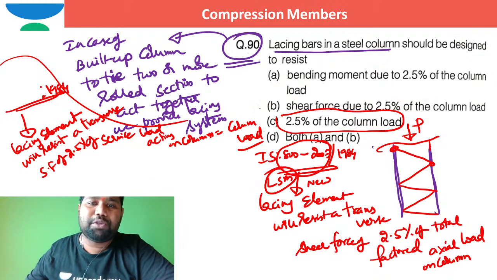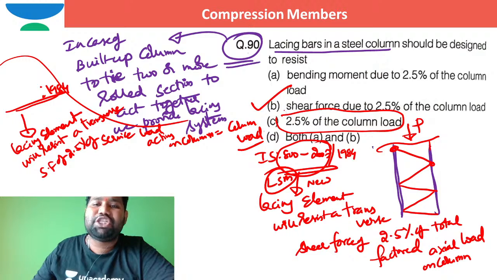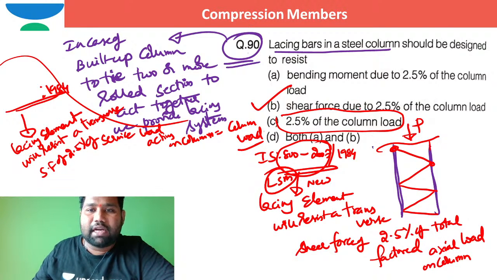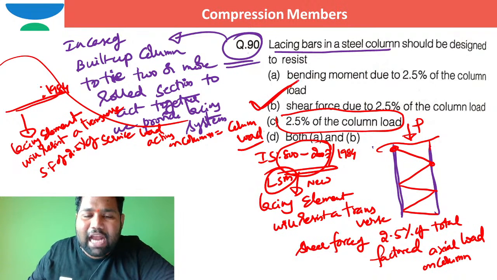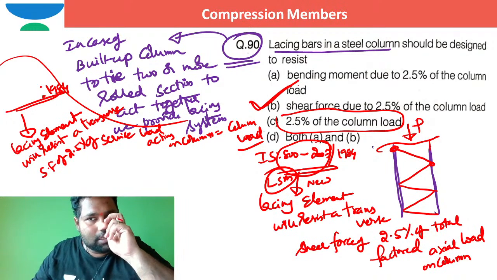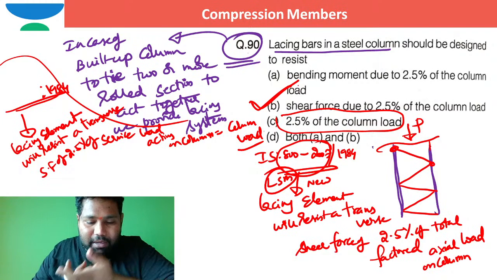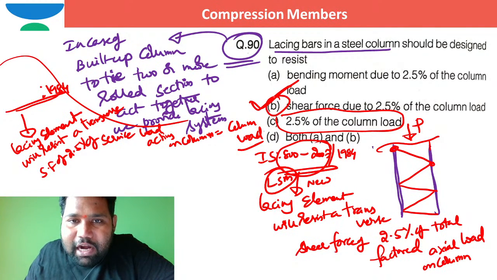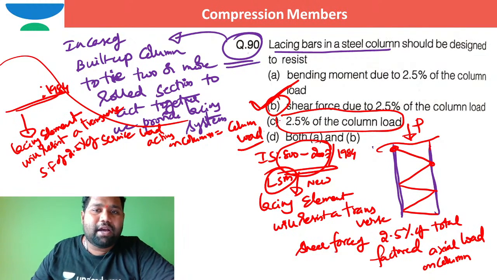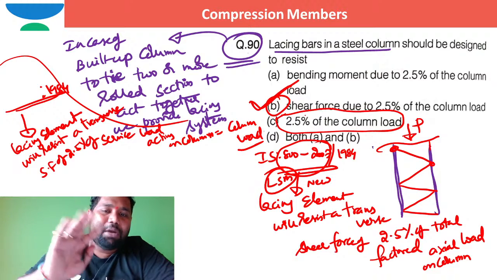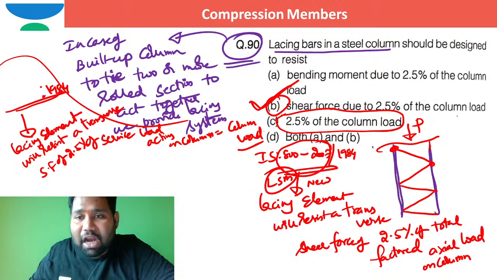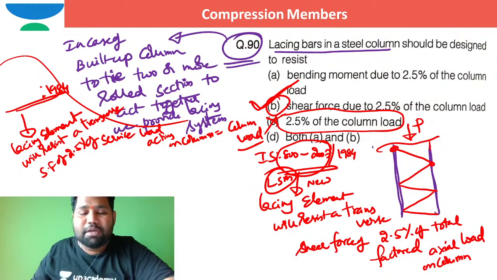But if you refer to option B, they clearly mention it is a shear force, coming into the picture due to 2.5 percent of column load. The magnitude of the transverse shear force developing is 2.5 percent of column load. So option B itself is correct, and option C is wrong, brother.